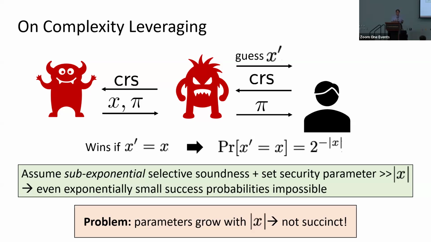The problem with this, though, is that in order to get this regime where we're ruling out extremely tiny success probabilities, we need to assume sub-exponential hardness, but we also need to scale our security parameter to be large enough to handle this loss in the reduction. Basically, you need to scale the security parameter to grow with the instance size. But if we're scaling the security parameter to grow with the instance size, that means we're scaling all of the terms in our protocol with the instance size. And so we're going to end up blowing up the proof size, and we will no longer have succinctness.